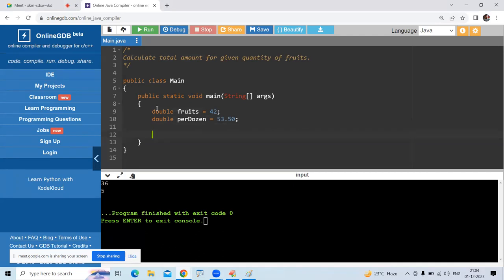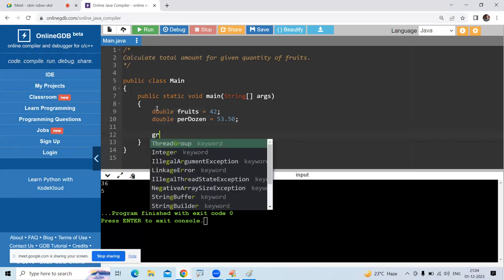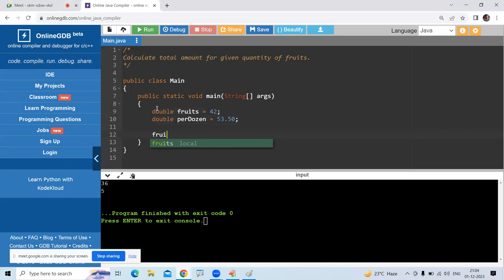How can we find it? First, individual fruits are there. You need to convert them into dozens. So total number of fruits divided by 12.